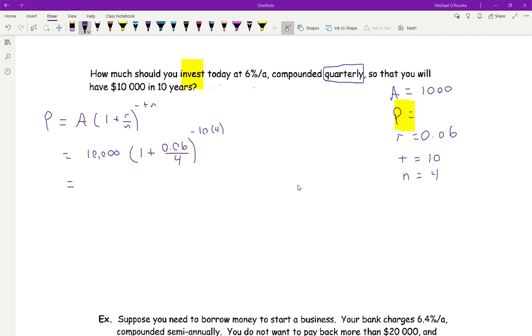Then I'm going to do 0.06 divided by 4 plus 1. Then I hit my exponent button to the exponent of, and you kind of have to do this part in your head or figure it out in your calculator first. This would be negative 40. Let me backspace there. 1.015 to the exponent of negative 40.